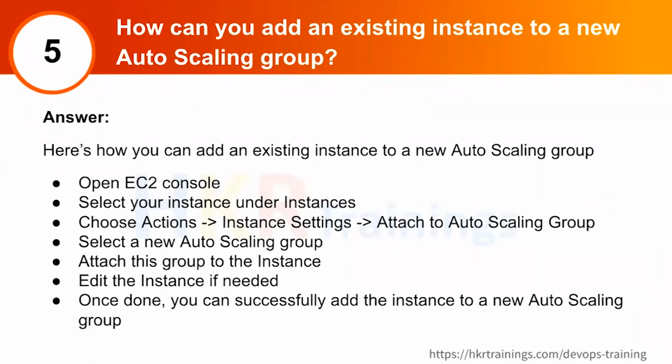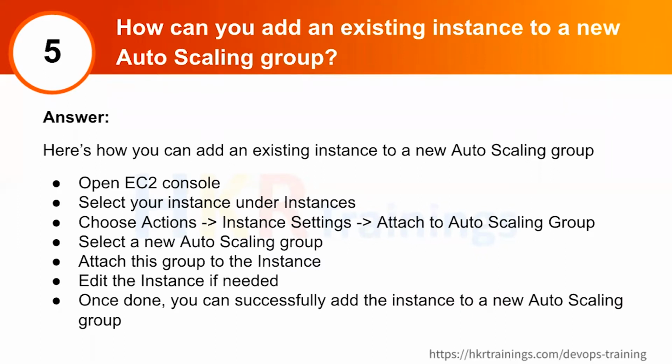So these are very simple steps. I will just read out the different steps. You can go to the EC2 console, select your instance, and choose Actions, Instance settings, and then attach to the existing autoscaling group. If there is no autoscaling group already, you can just say new autoscaling group, which will create a new autoscaling group for you, and you can attach this group to your instance.